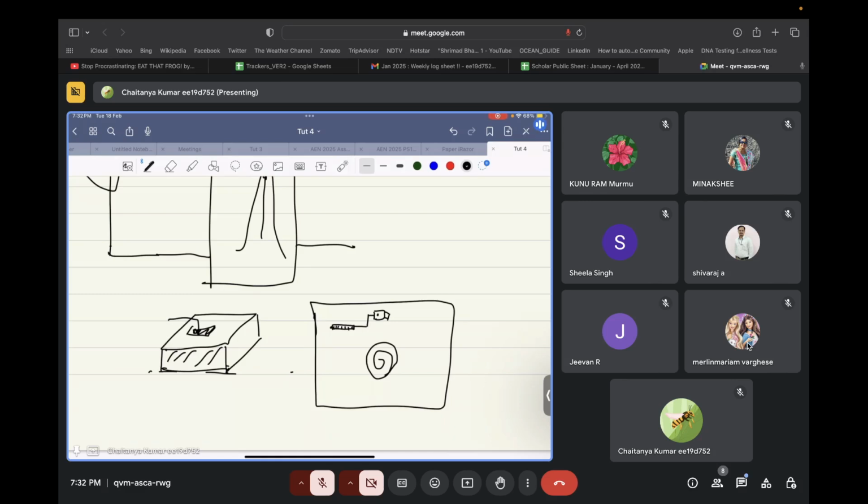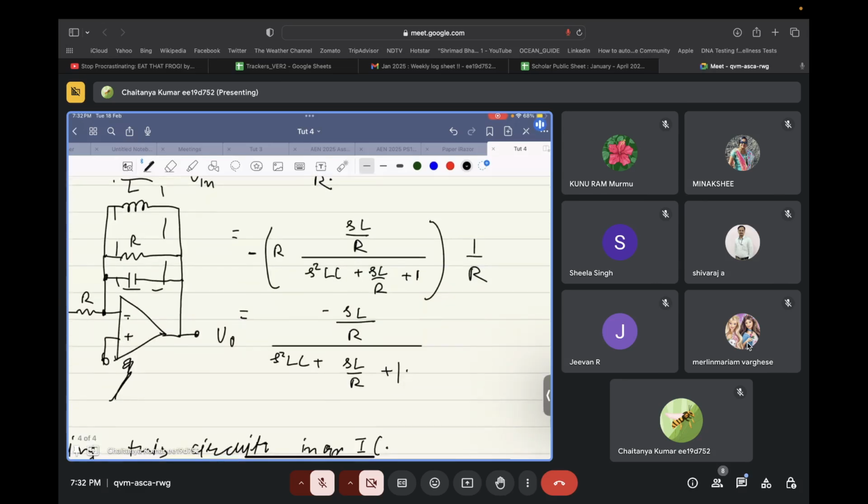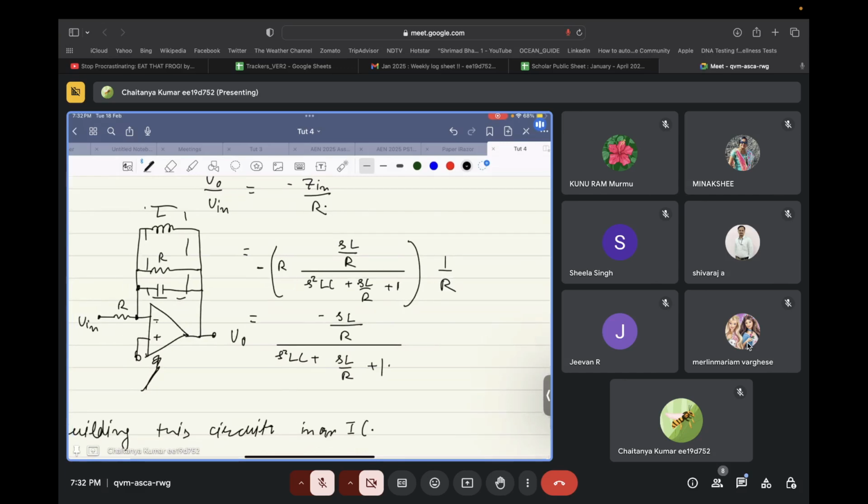So what you need to do, since you have an op amp, is somehow emulate an inductor. So not have an inductor, but have some circuit that can give you the property of inductance. Okay, so what we will see is how to make an inductorless band pass circuit. Till now we saw that a band pass circuit can be made by a parallel RLC combination.